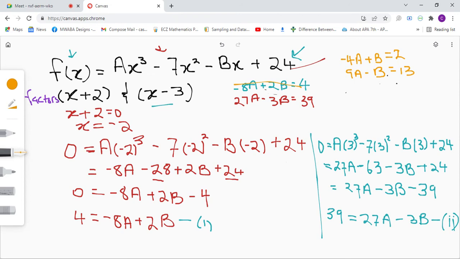Now if we add equation 1 and equation 2, when solving simultaneous equations, we say negative 4a plus 9a gives us 5a.